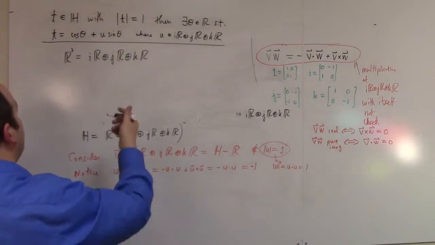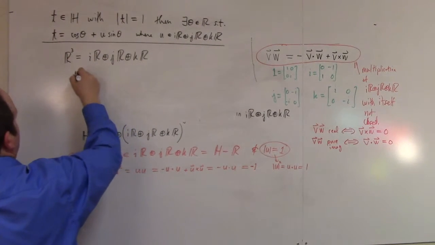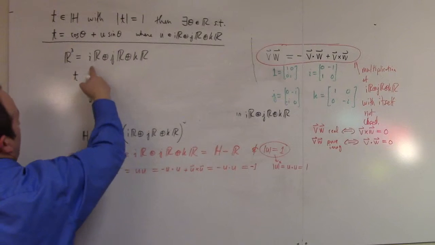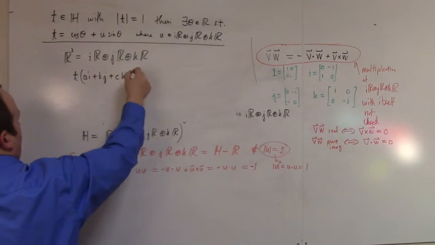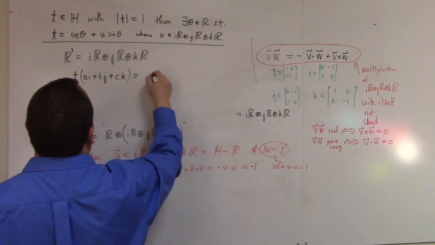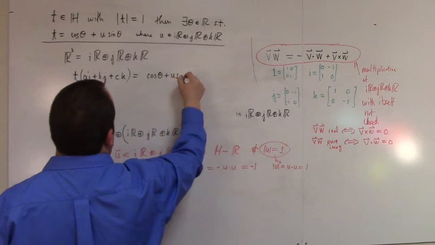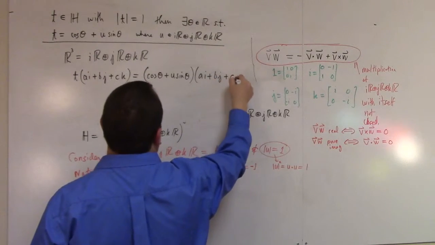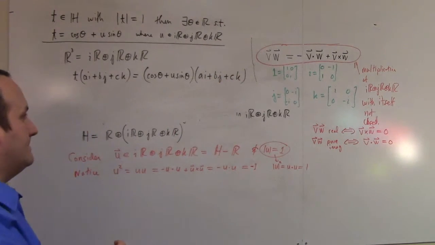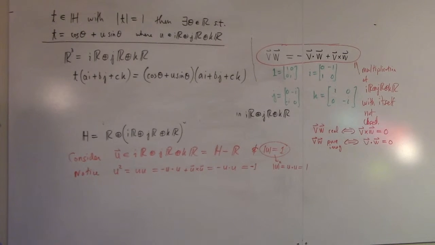So what happens if I do something like t times something like this? Do we again get something in quote-unquote R3?